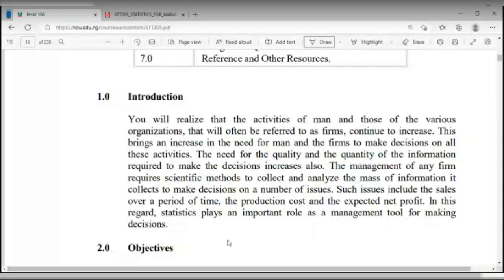Now, this increase in activities brings about an increase in the need for man and the firm to make decisions on all these activities. Okay, I'm going to use myself as an example now. Every semester, the scope of students I work with keep growing. All right, people are bringing their friends that want to come to the school, and many things like that.